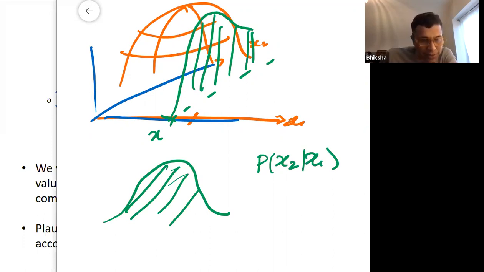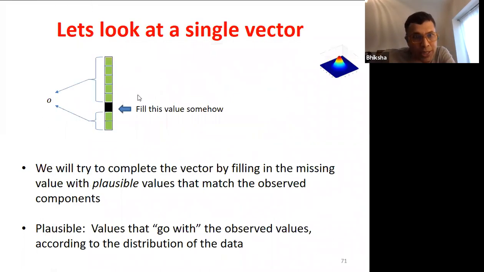Everybody with me? Raise your hands if you're with me. Okay, great. So here's what I'm going to do. I'm going to try to fill this missing component, but I know that the answer is not unique. There isn't just a single value for that missing component. That missing component can take many values.